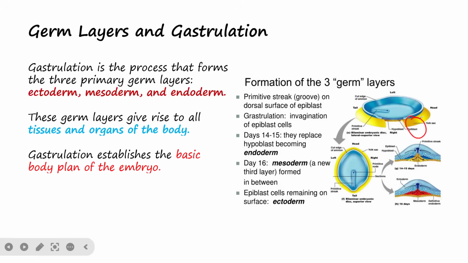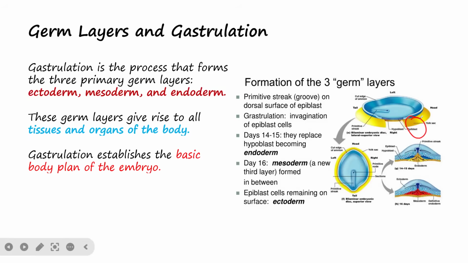Gastrulation occurs as a result of invagination of epiblast cells. So when the epiblast cells invaginate, then there will be development of these germ layers.